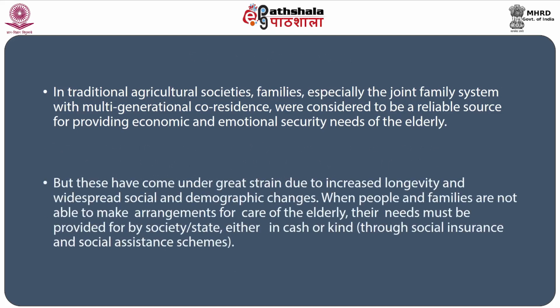However, these traditional sources of old age security have come under great strain due to increased longevity and other widespread demographic, socio-economic and cultural changes taking place in these traditional societies. When people and families are not able to make arrangements for the care of the elderly, their needs must be provided for by the society or state, either in cash or kind, through social insurance and social assistance.